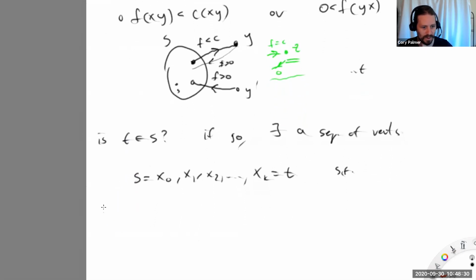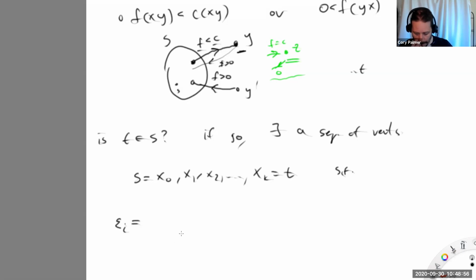This looks a little technical, but I'll describe it in the drawn picture. Such that there's a value epsilon i, which is the gap between either F and C, or it's the gap between F and 0 if it's a reverse direction edge. Remember, there were two scenarios for when you would add a Y. There was a forward edge that didn't reach the capacity, or a backward edge that had more than 0 flow.